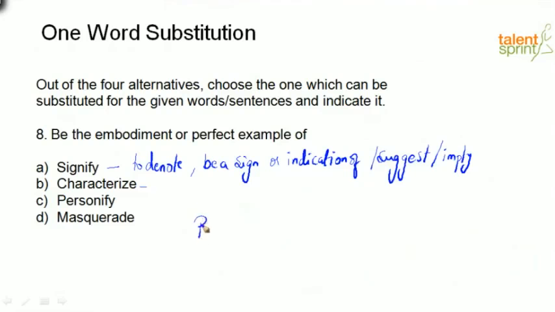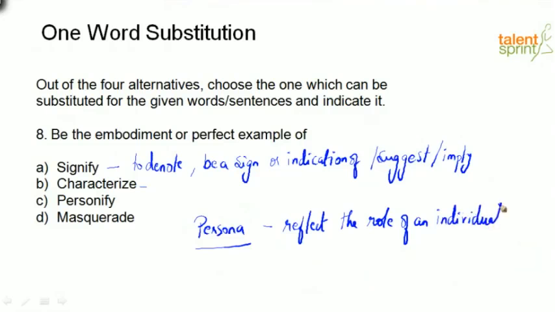Again, if you are familiar with this word persona, right? Persona means to reflect the role of an individual. You think, you act, you behave, you move like that person.